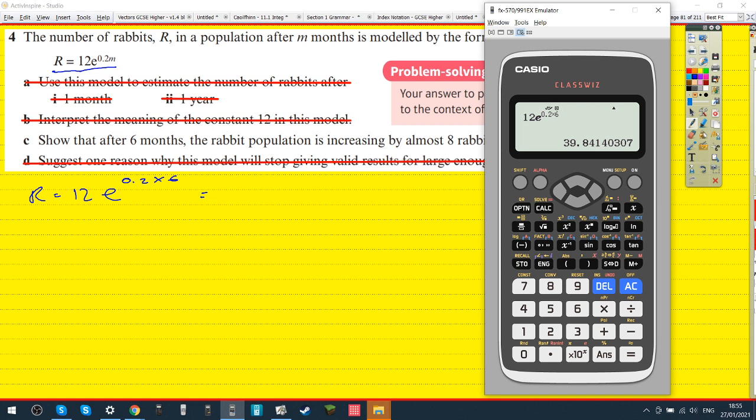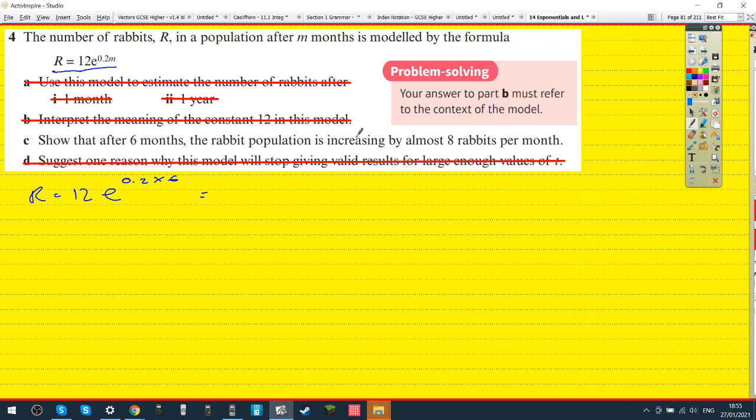Okay, 39.8 rabbits or whatever. Does this look like an increase or decrease? An increase? Yes. So after 6 months, there's roughly 39-40 rabbits.